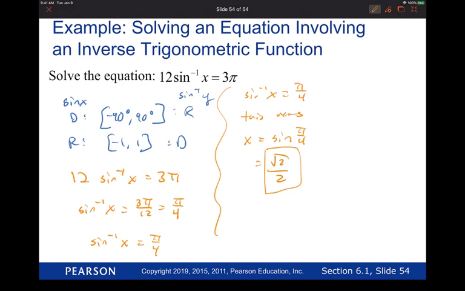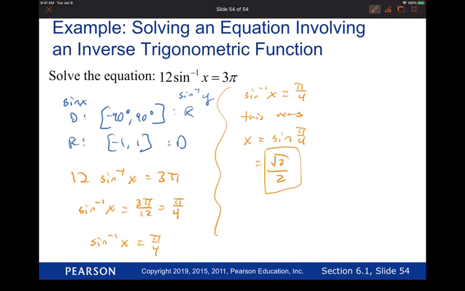Our claim is that x is the square root of 2 over 2. Sine of what angle gives us that? I think we're okay.